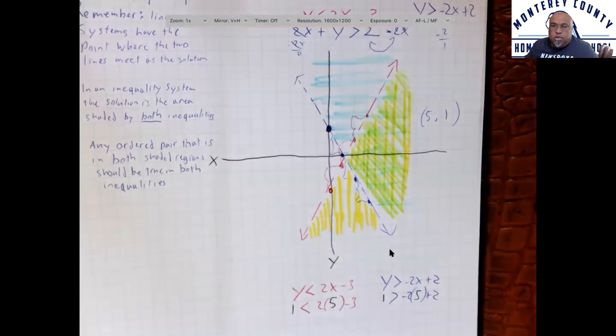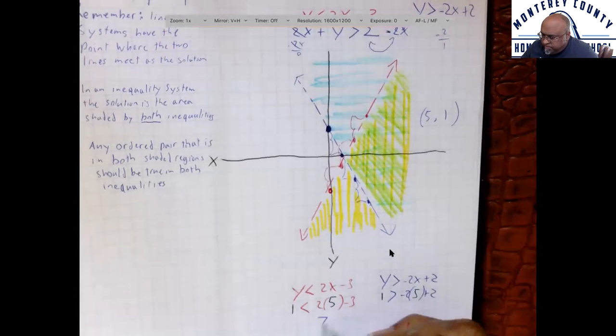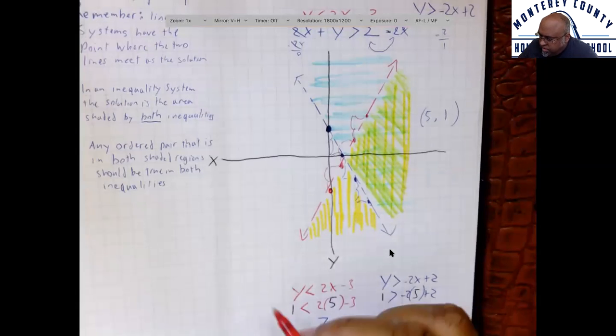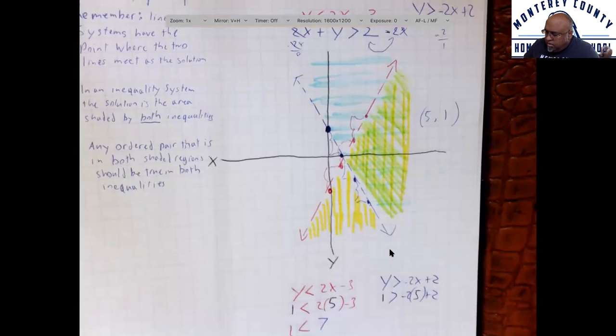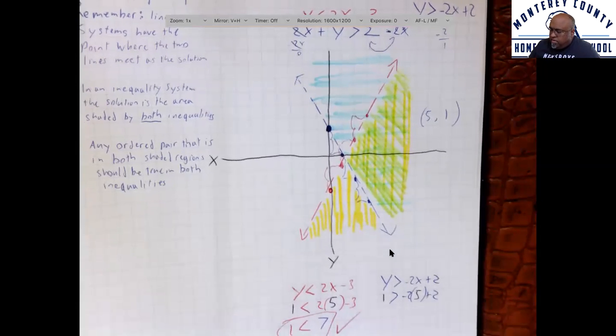Okay, now this should make both inequalities true, so let's go ahead and do the work. 2 times 5 is 10. 10 minus 3 is 7. So the answer here is 1 less than 7. Yes, that is true. So I can check that off. Now let's do the other one.